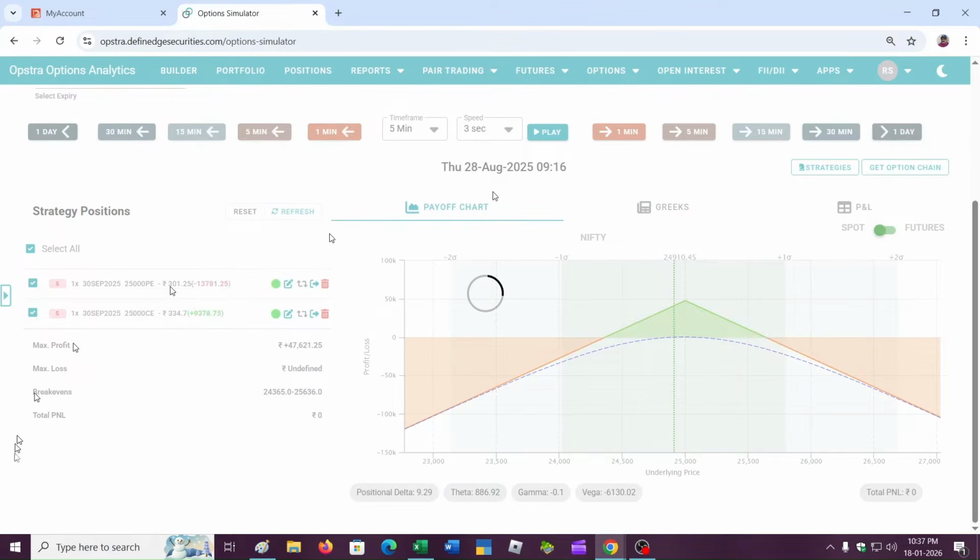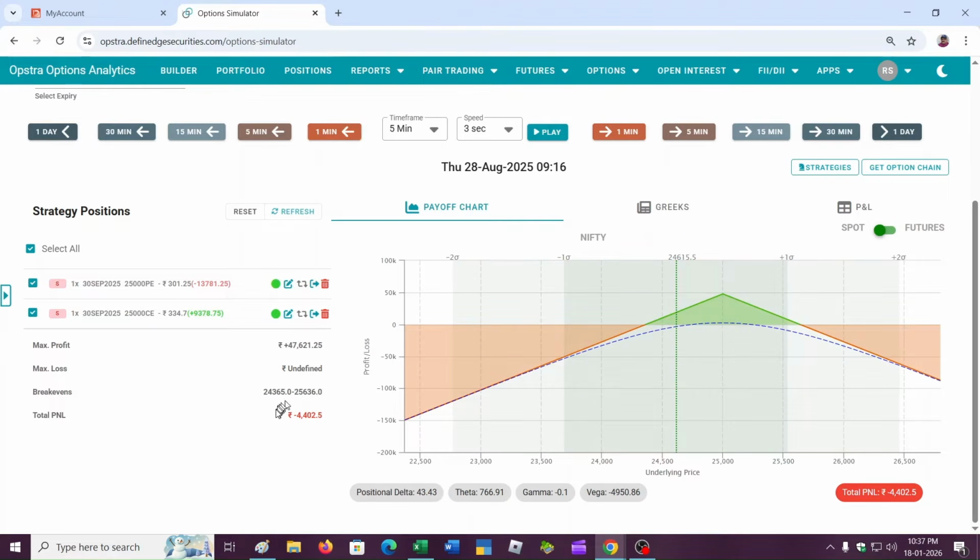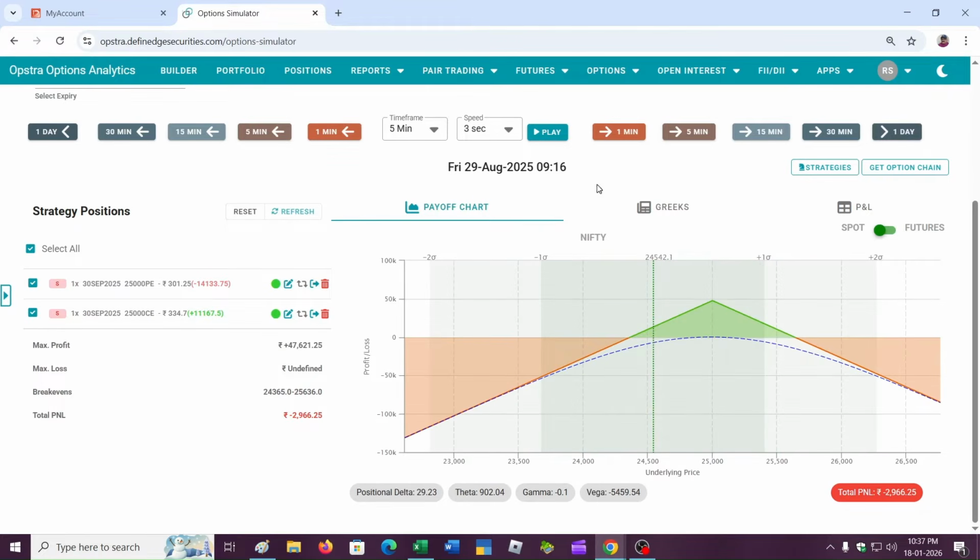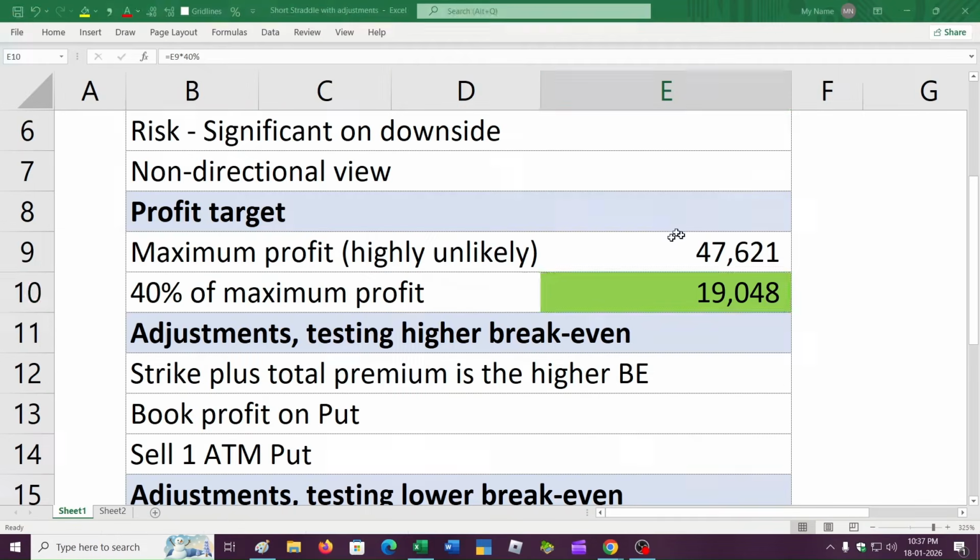One day over, the position creates a loss of 4,400 MTM loss. Another day, 29th August, close to 3,000 MTM loss. We are waiting for some near about 20,000.